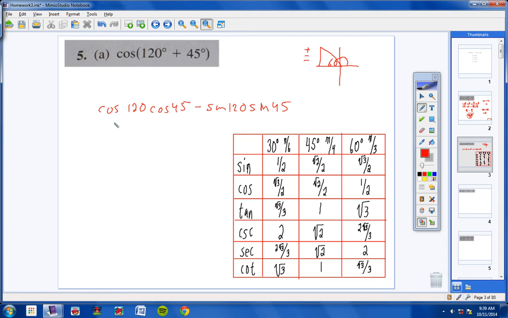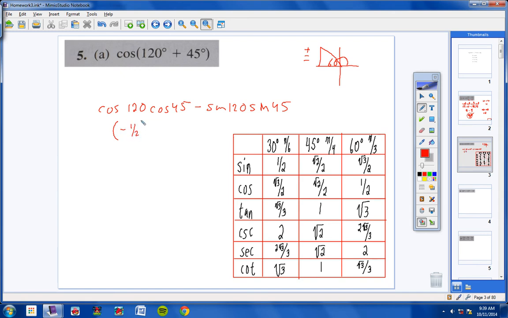So when we go to find the cosine of 120, we're going to use the cosine of 60. But I have to remember the cosine of 60 in quadrant 2 is negative. So I'm going to put a little negative sign here so I don't forget that. Cosine of 60 is 1/2, so I'm going to put a negative 1/2.